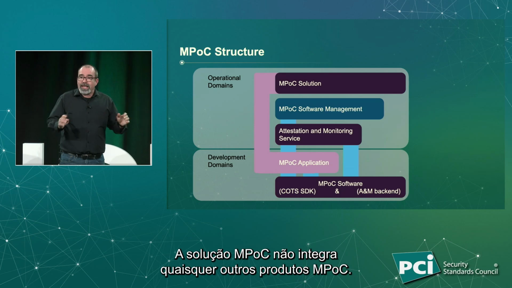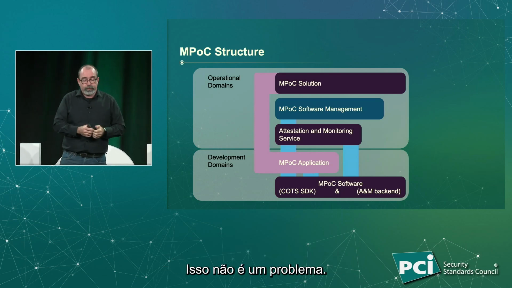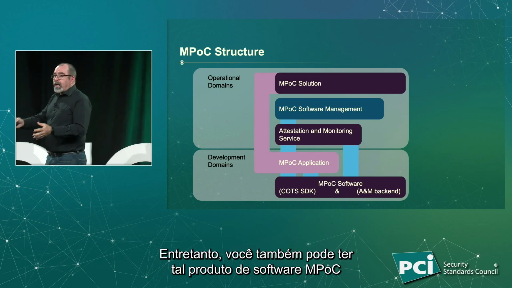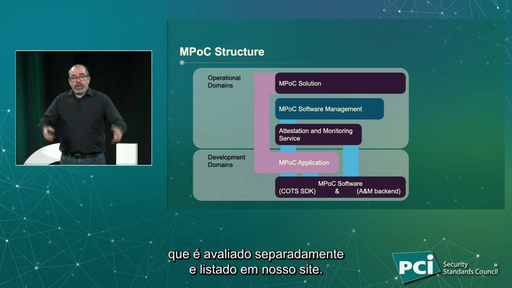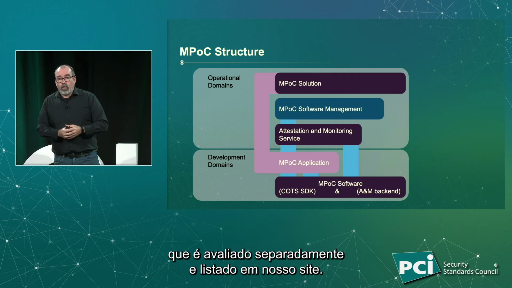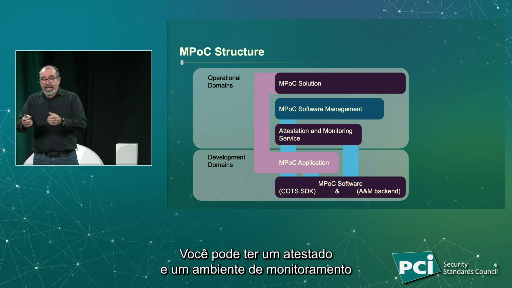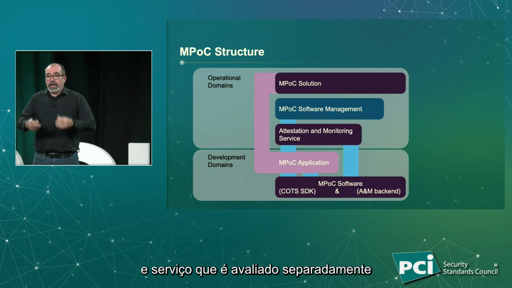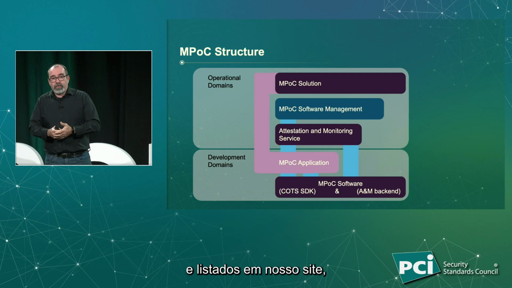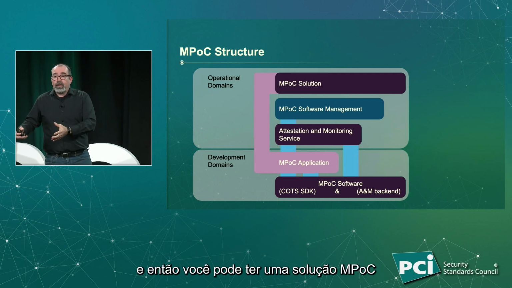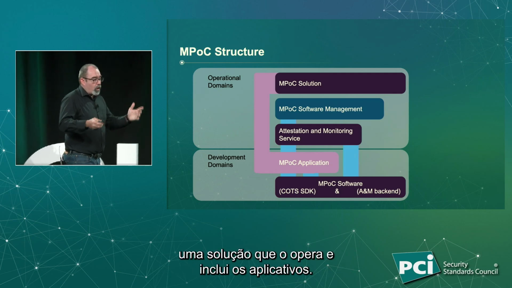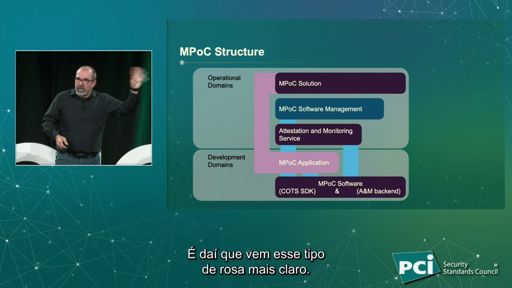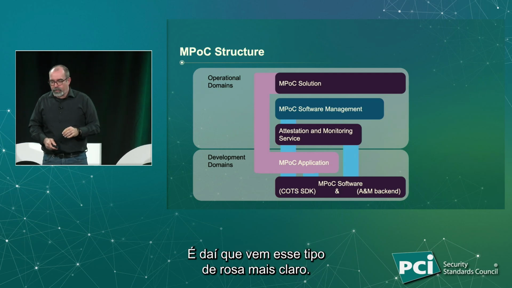An MPOC solution doesn't have to integrate any other MPOC products. However, you can also have that MPOC software product that is separately assessed and listed on our website. You can have an attestation and monitoring environment and service that is separately evaluated and listed on our website. And then you can have an MPOC solution that integrates all of that into one solution, operates it, and includes the applications. That's where that lighter pink comes from.